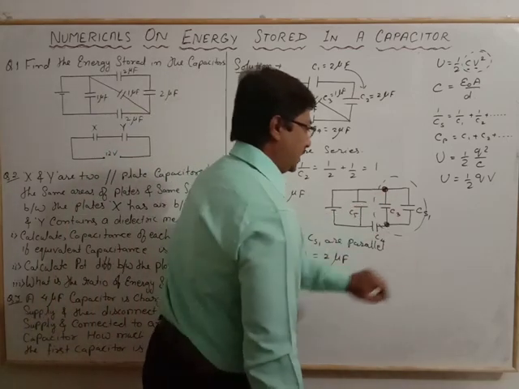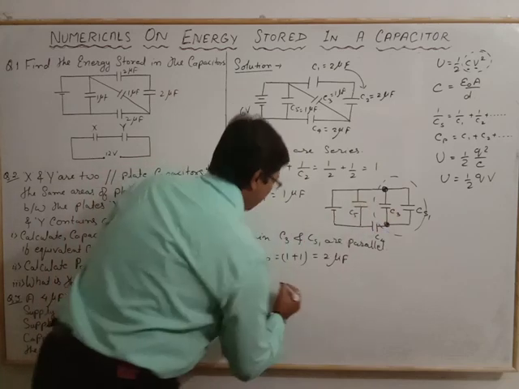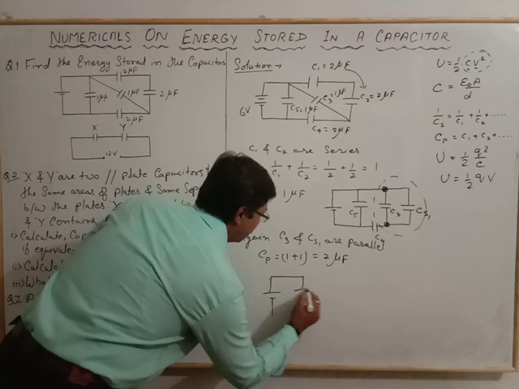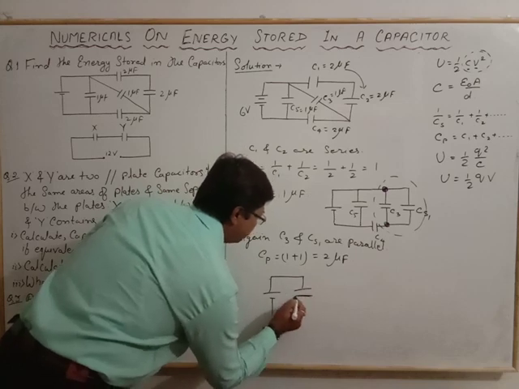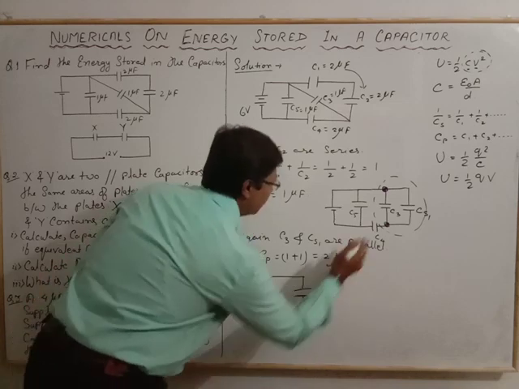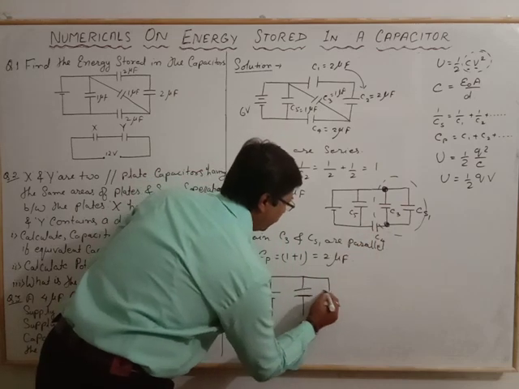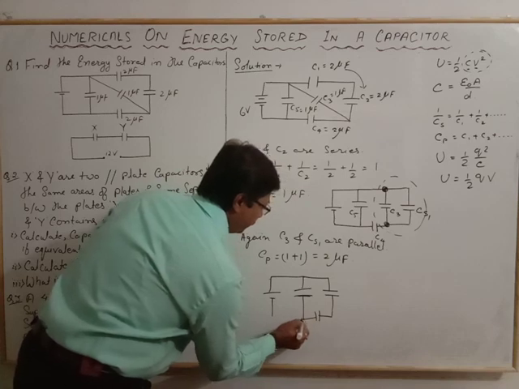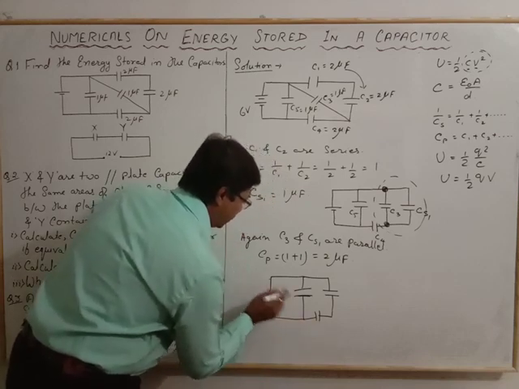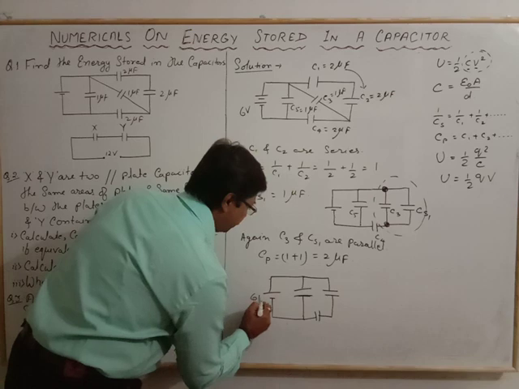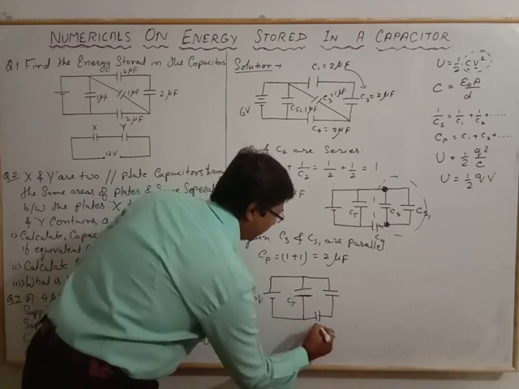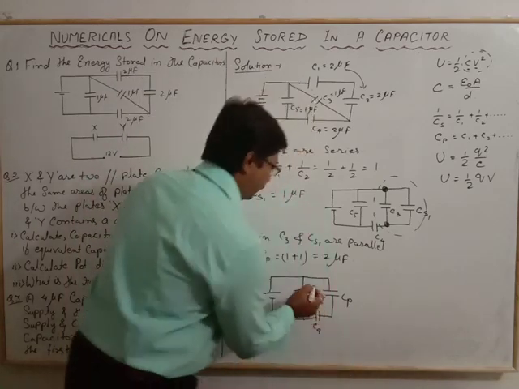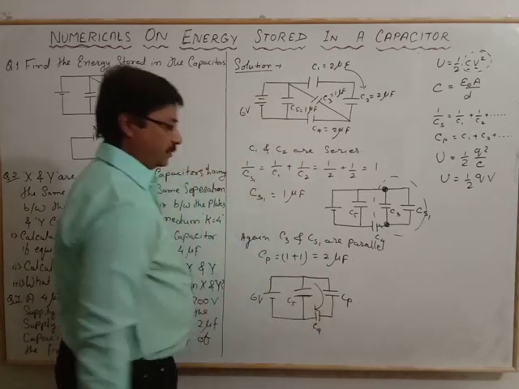Now the arrangement will change again. Now the arrangement is like this: C5 is here, and the 6 volt, here it is C5, here it is C4, and this one is Cp. Now these two are in series combination.